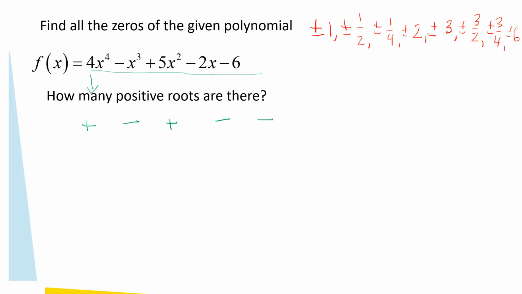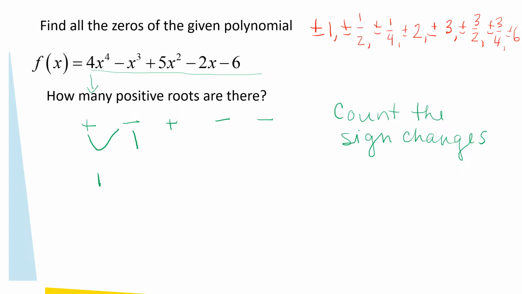And then we're going to count the sign changes. From positive to positive is no change. From positive to negative is 1. From negative to positive is 1. From positive to negative is 1. Negative to negative is not a sign change.